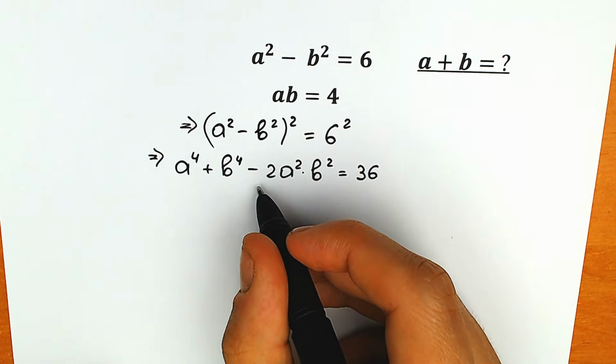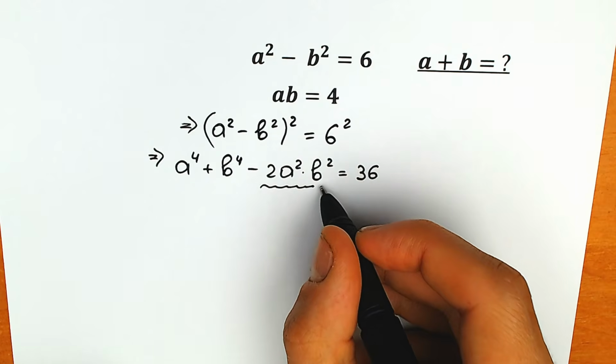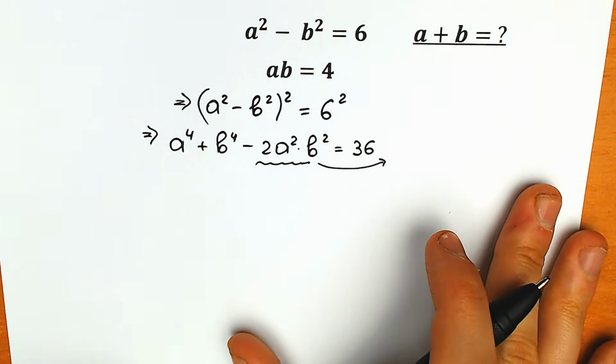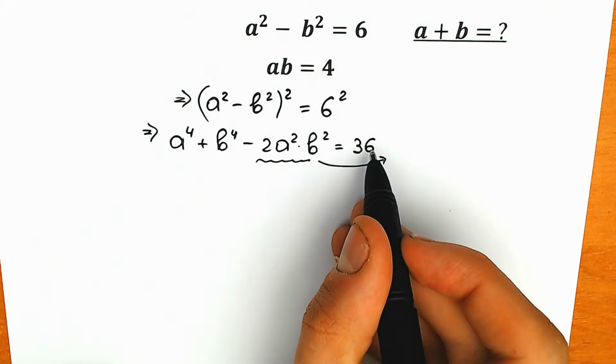Right now this product right here, let's write on the right side. So we need to add it to both sides, so it has a positive sign.